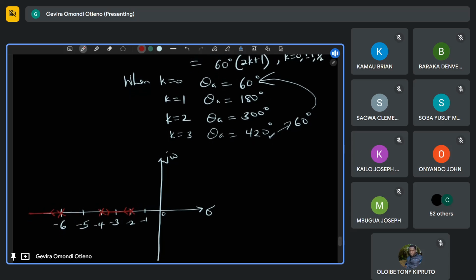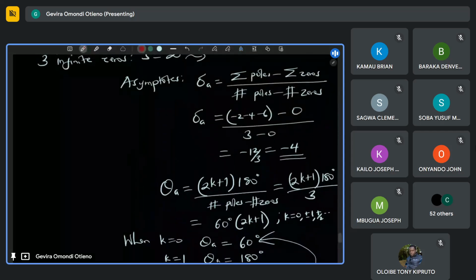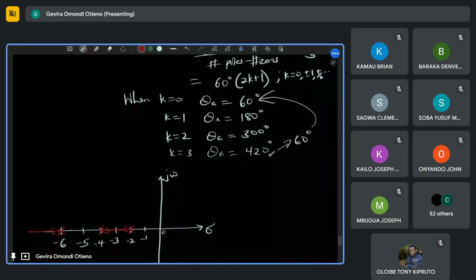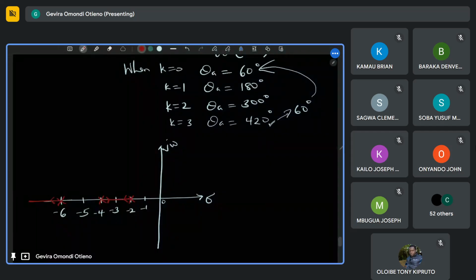The centroid, or real axis intercept, is at -4. At -4, I'll draw in green because it's not part of the root locus, we have a 60-degree angle. So we can sketch something to represent 60 degrees from -4. Then 180 degrees. Remember, it's just a line.